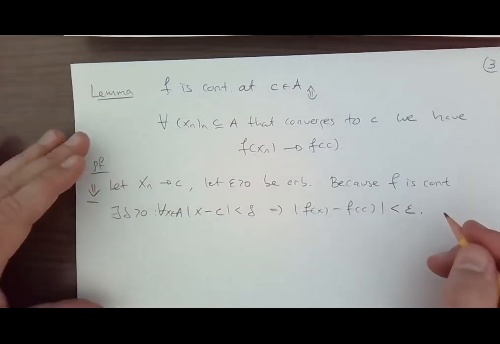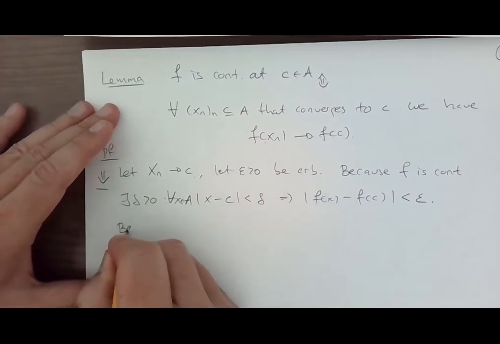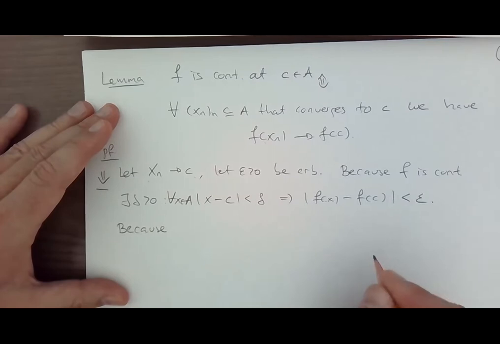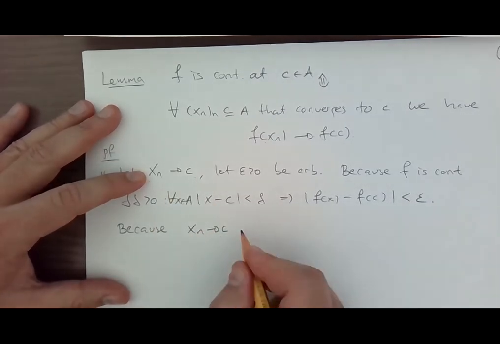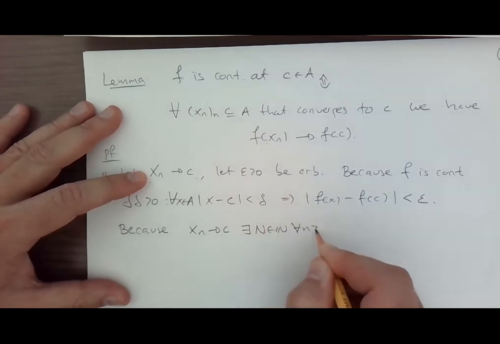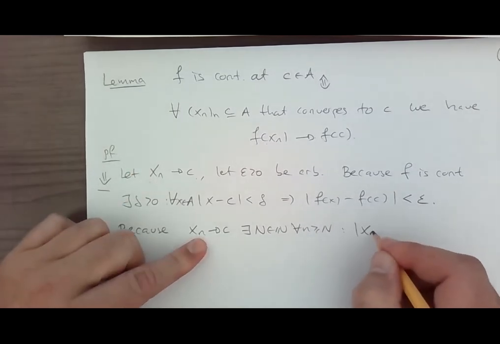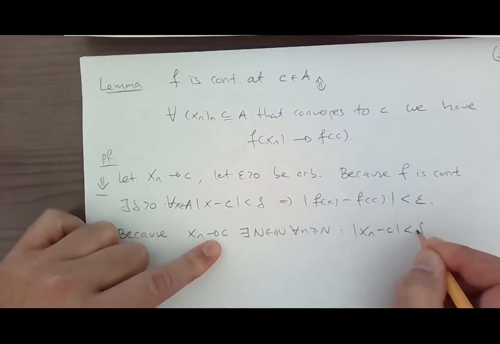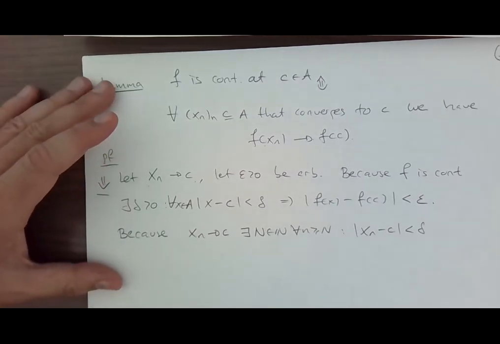Okay, but then we're in business because I let xn go to C. So because xn goes to C, what does that mean? There exists some number N such that for any numbers that are even bigger, I will have that the distance between xn and C is less than delta.